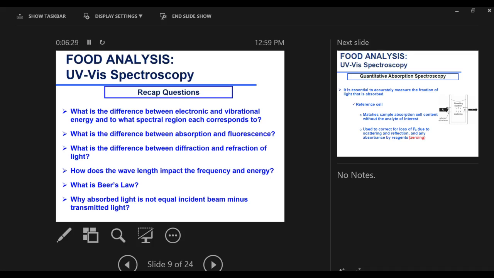Okay, that's okay. We don't remember that one. It is not that way because some light gets reflected, some light gets scattered. So it's not necessarily the case that whatever is not transmitted got absorbed. Okay, good.